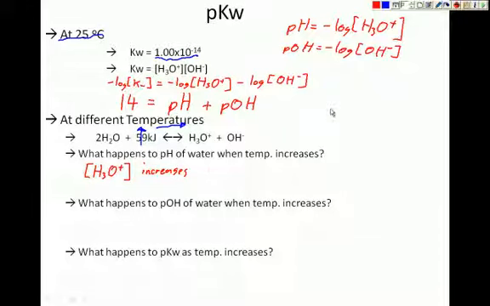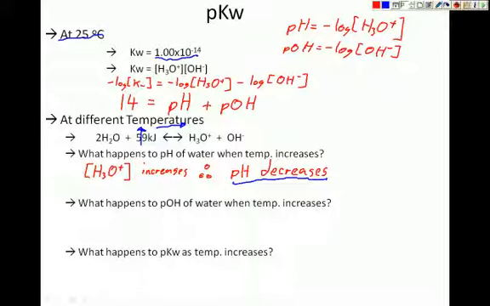Remember, a pH of 1 is 10 times more acidic than a pH of 2. Okay, so let's write that down. So if the concentration of H3O plus increases, therefore the pH decreases. A little bit opposite, but that's the way logarithms work.